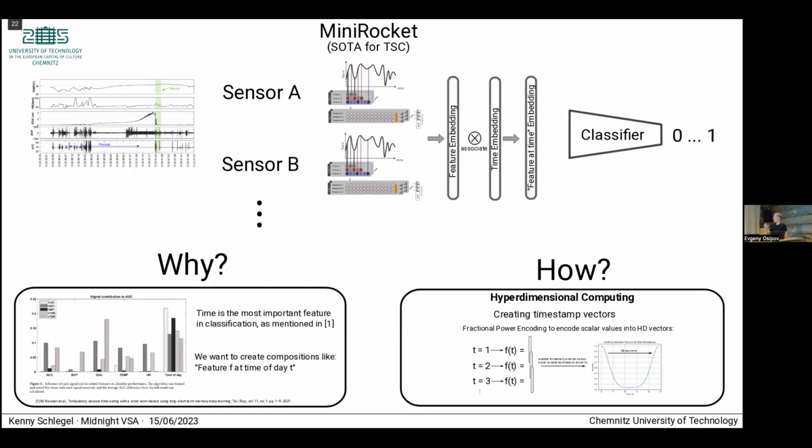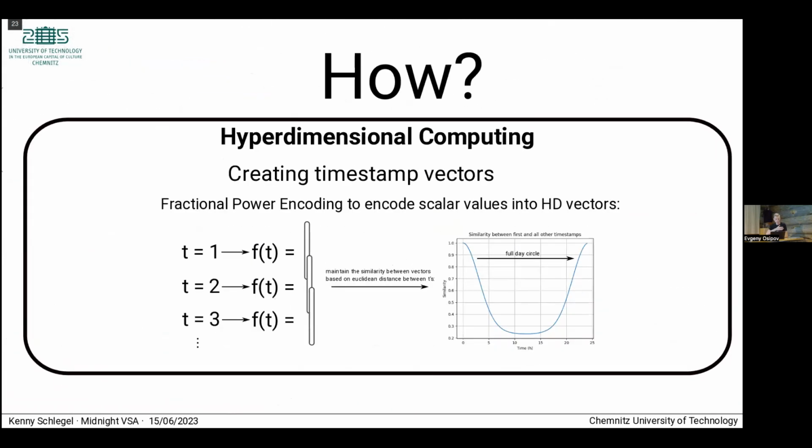That's why we want to associate the feature with the time. And how did we do that? We use fractional power encoding in a cyclic manner, starting again at the same point after 24 hours to get a full day cycle, like here in the figure on the right.